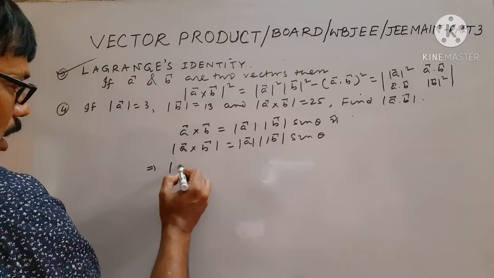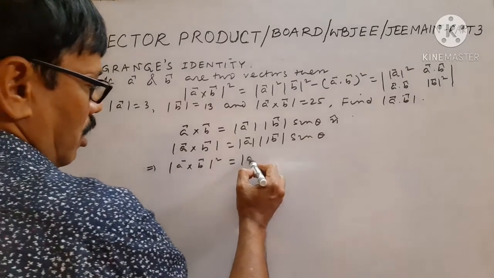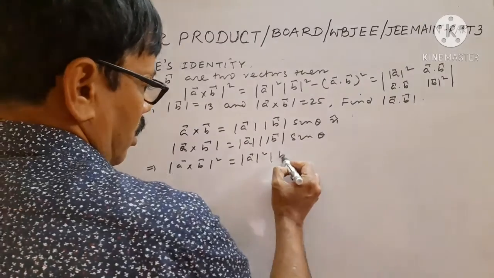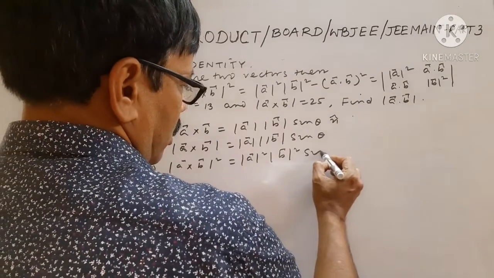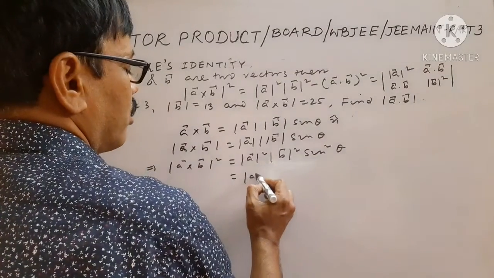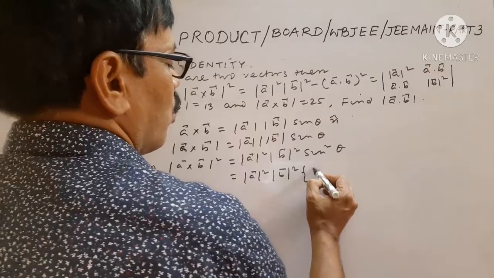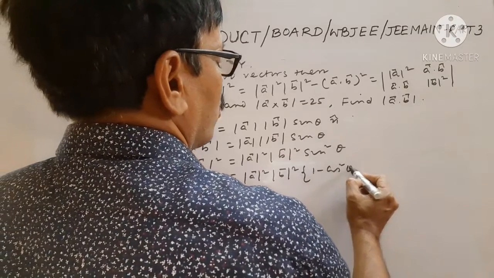So this implies mod A cross B whole square is mod A square, mod B square, sine square theta. Now sine square theta is again 1 minus cos square theta.